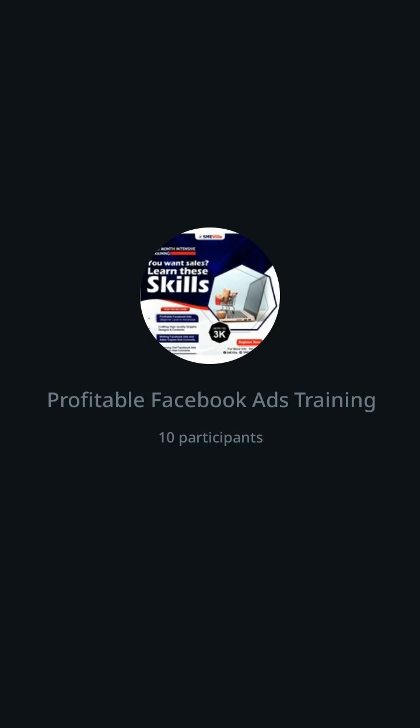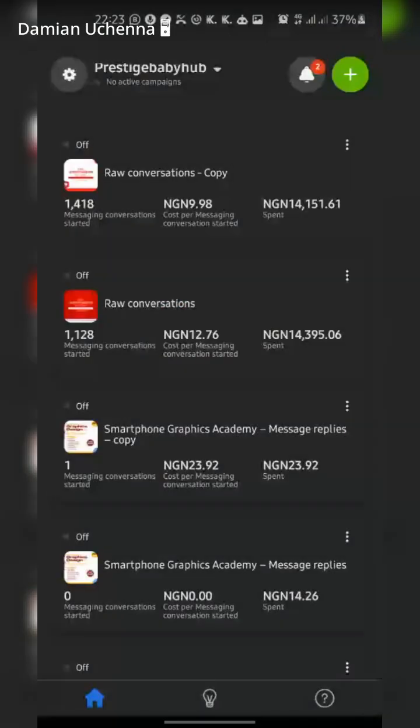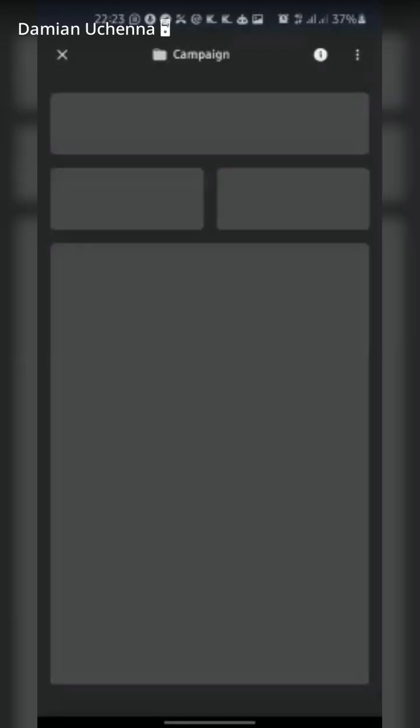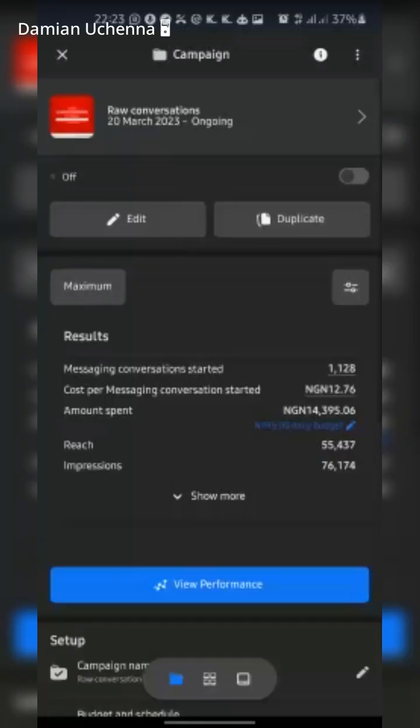The more people engage with your ad, the lower your cost per result. I know you might not have known this before, but now you do. The more people engage, the more they comment, the more they react on your ad, the lesser your cost per result will be.